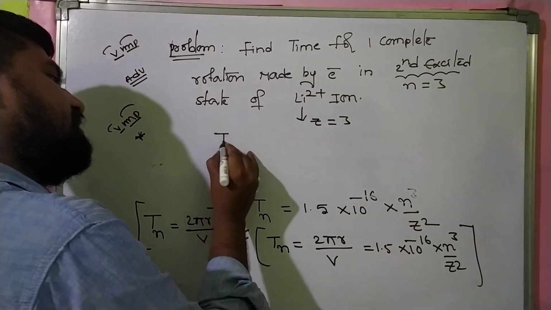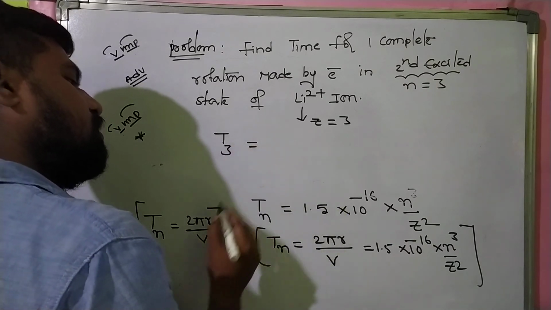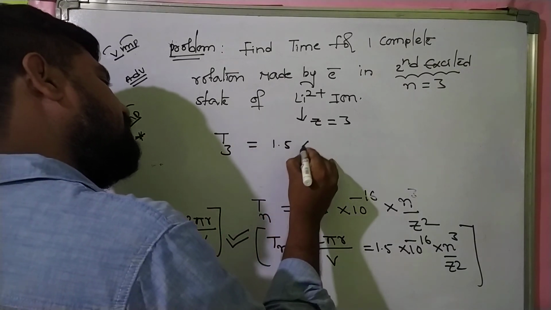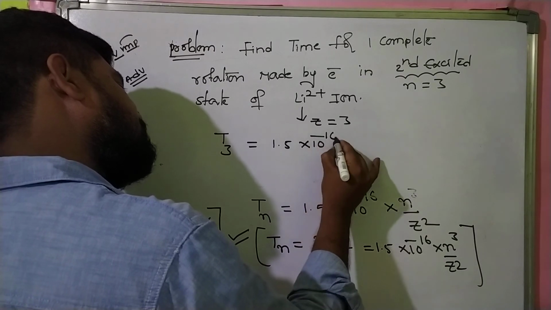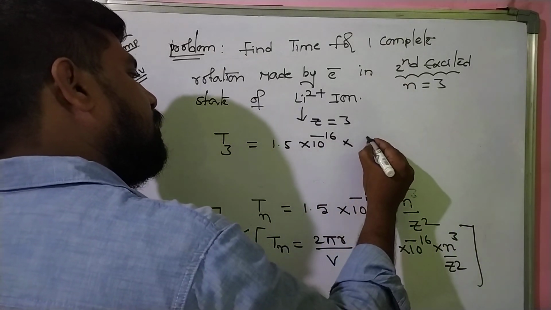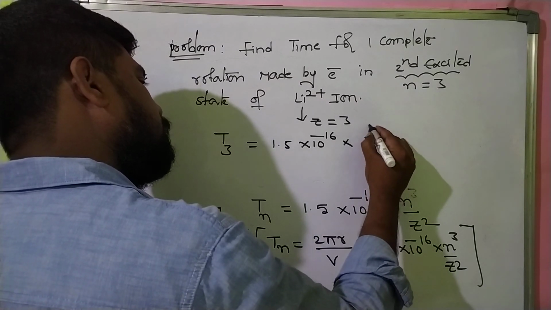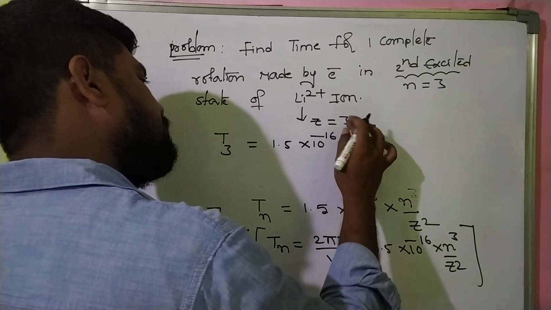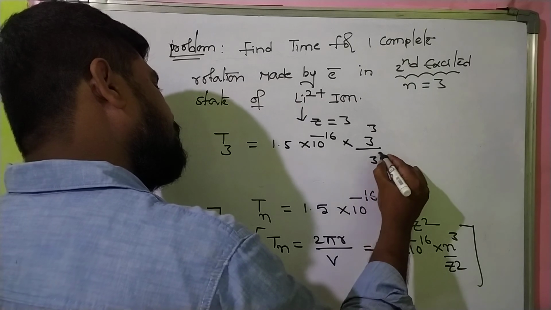Now T3 equals 1.5 into 10 to the power of minus 16. Here n cube means 3 cube, by Z square means 3 square.